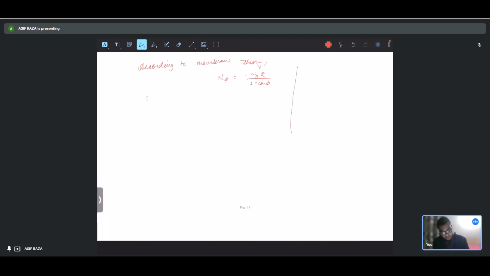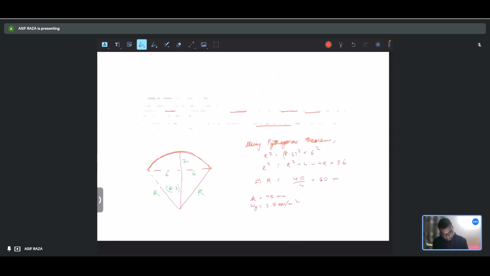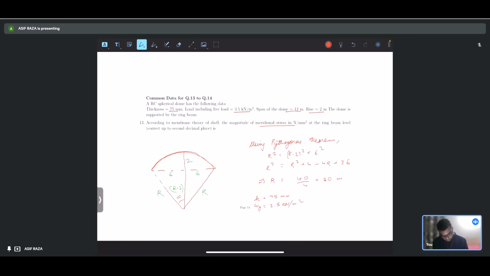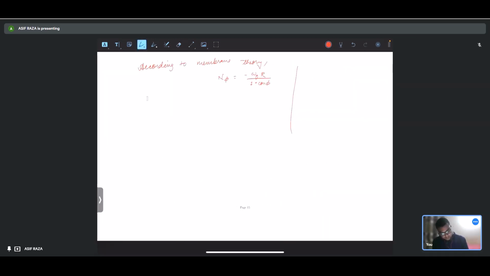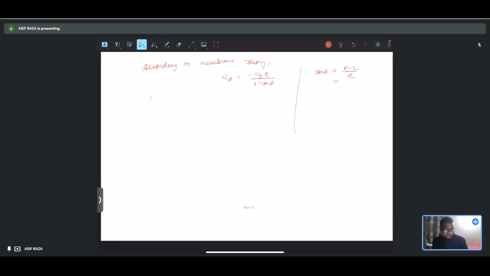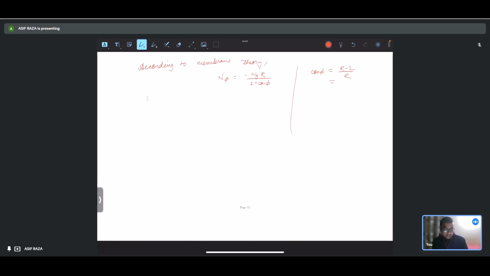We have cos phi as (R minus 2) upon R, that is (10 minus 2) by 10. So this is 0.8.